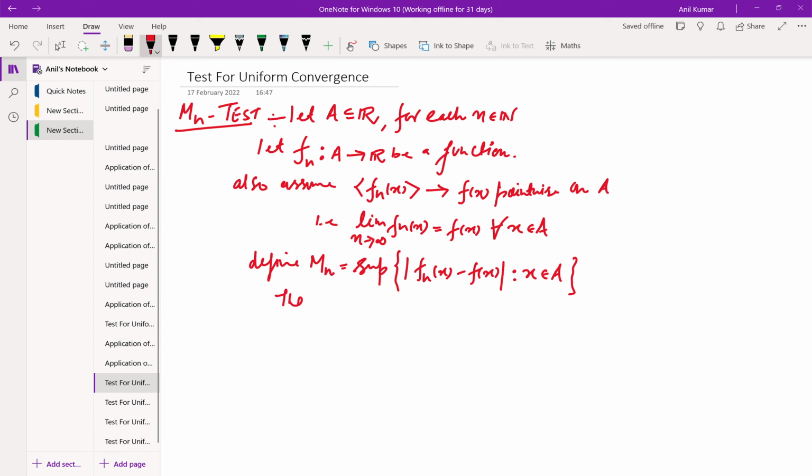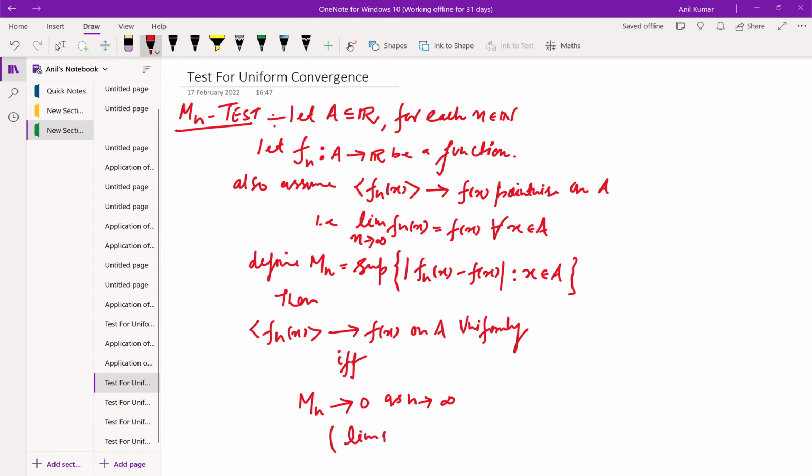Then this sequence of functions f_n(x) converges to the function f(x) on the set A uniformly if and only if the M_n tends to 0 as n tends to infinity, or you can write limit of M_n is 0 as n tends to infinity.